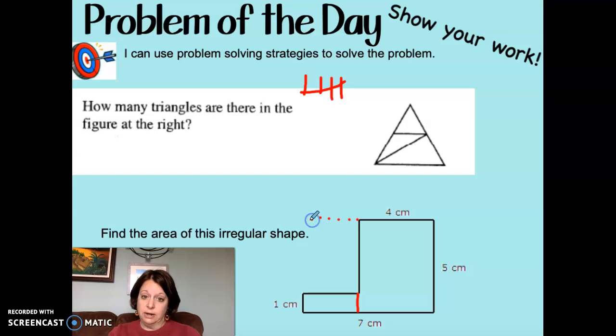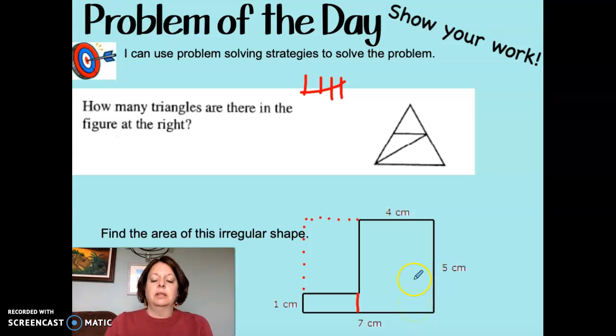I know it's not a mathematical term, but it stuck in my brain and the kids last year really liked it. We called this a ghost shape. All you need to do is figure out 7 times 5, because that would be the whole rectangle, and then subtract this area. We can come up with both ways.